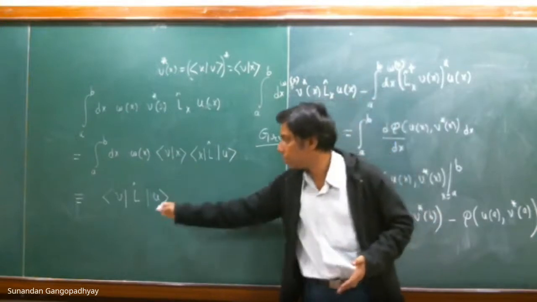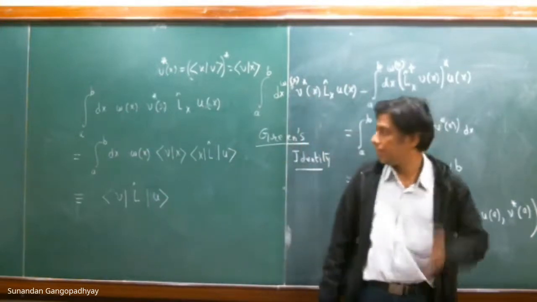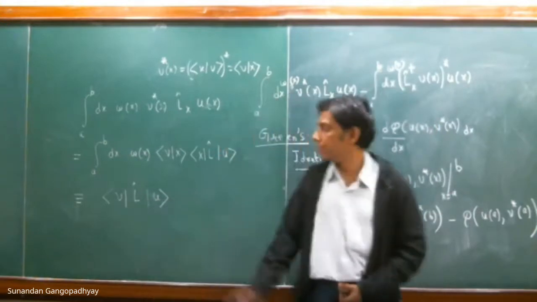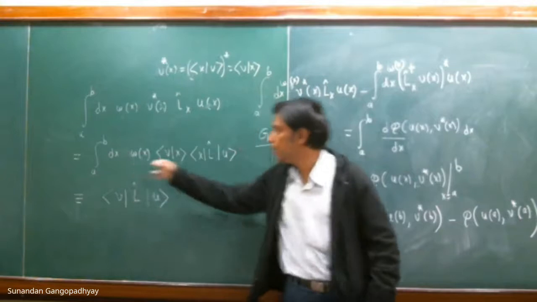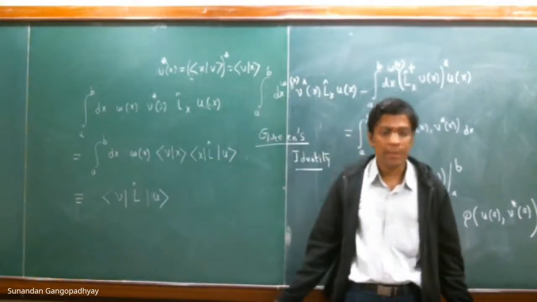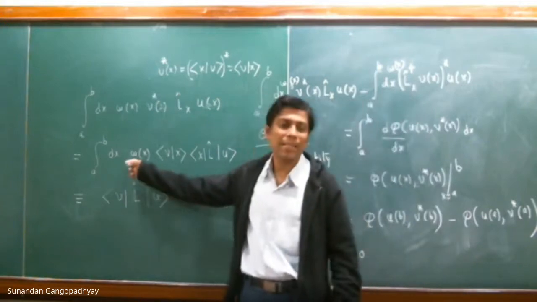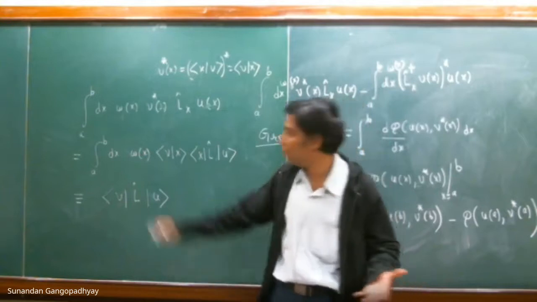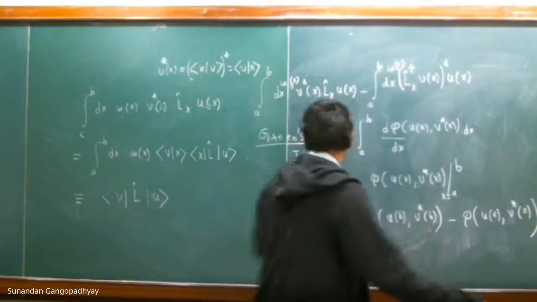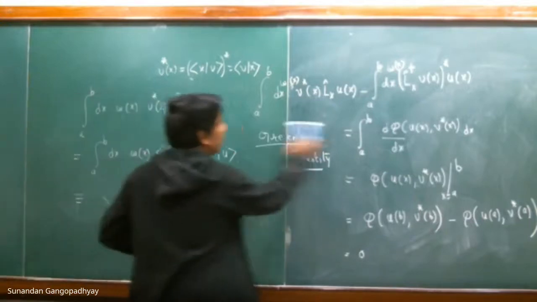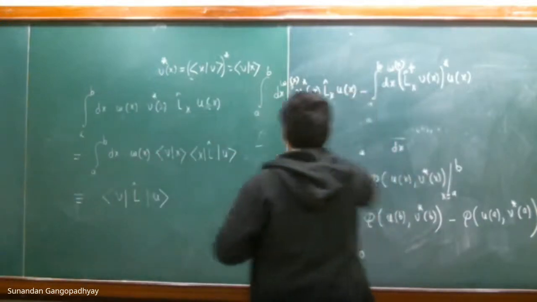This expression corresponds to this thing. So you have bra v L hat ket u. This expression basically means this thing. It is very similar to quantum mechanics, but the only thing is that you also keep a generalized function there. You make it more general, because I will just show you in a minute that it is very similar to what we do in quantum mechanics.